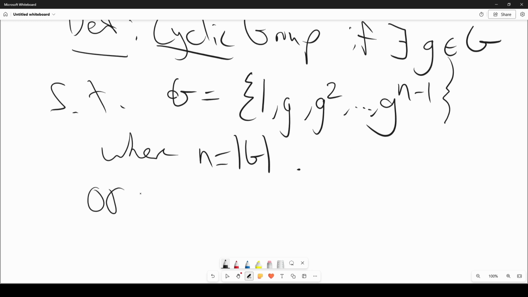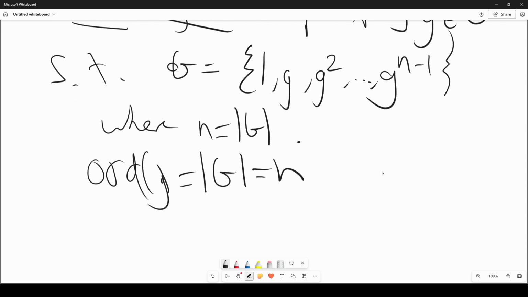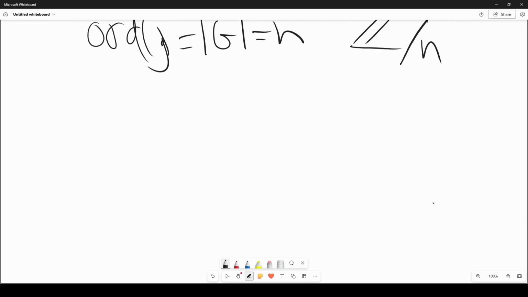This is also the same as saying that the order of G equals the absolute value of G equals n. So this is the definition of a cyclic group. If you're curious, Z mod n is an example of a cyclic group. And so you want to try to prove that if G is cyclic and G is isomorphic to H, then H is cyclic, and the other way around. So that's a good example for you to try on your own.